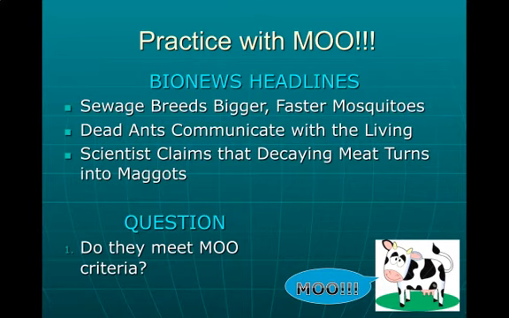So here's the deal. All three of these are real hypotheses that have been made at some point in time. Some of them are a little bit stronger than others. That last one is really interesting in that it is one of the things that spurred off our cell theory that we're going to talk about later on in this unit. This was a real claim. They thought that meat turned into maggots because they saw decaying meat, they saw maggots there, and they put two and two together and said, okay, meat must turn into maggots.